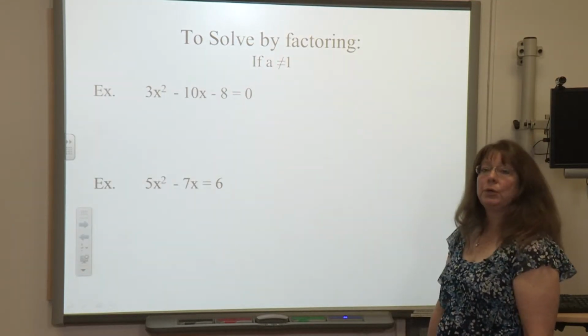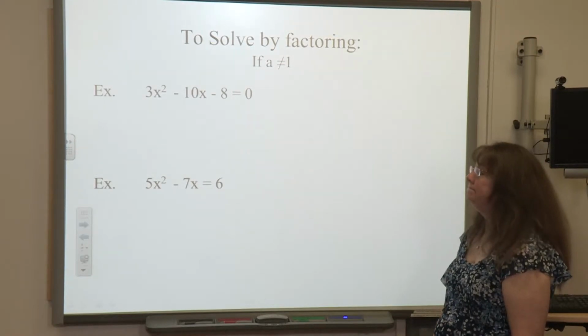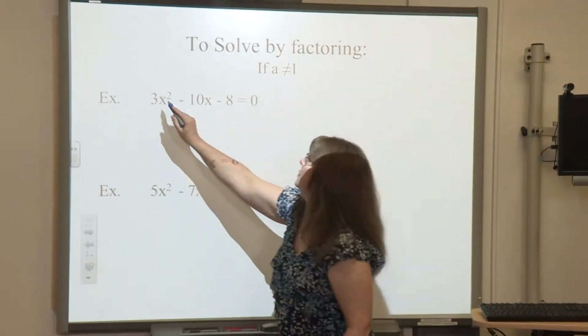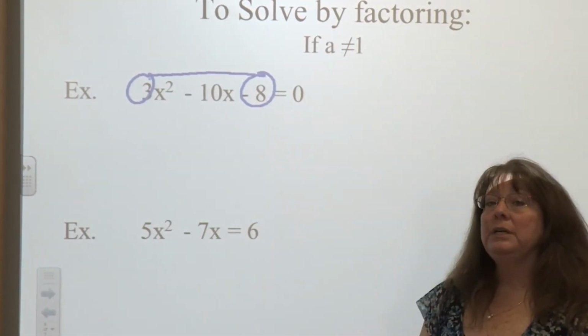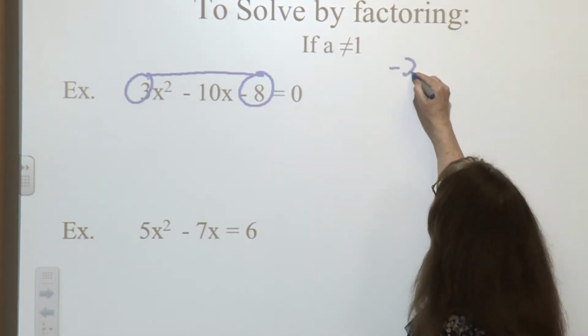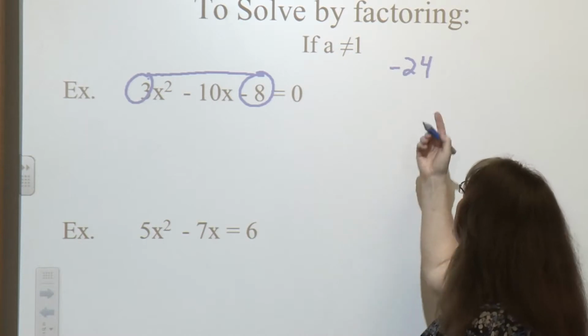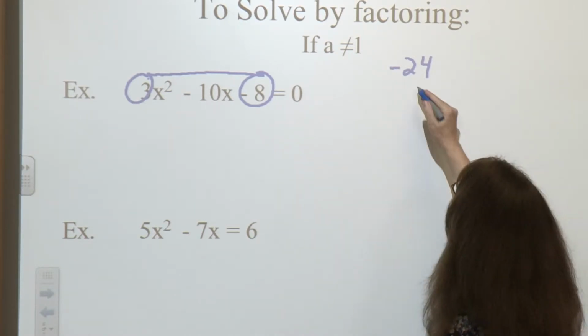Here's two others that we can look at that also have the a value not equal to 1. Now remember, when you want to factor these, you want to start by multiplying the a term and the c term. I have 3 times negative 8, negative 24. I want to list all my factors of negative 24. Remember, one will be positive and one will be negative.